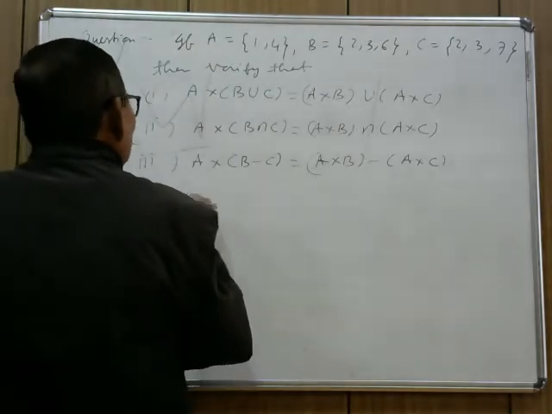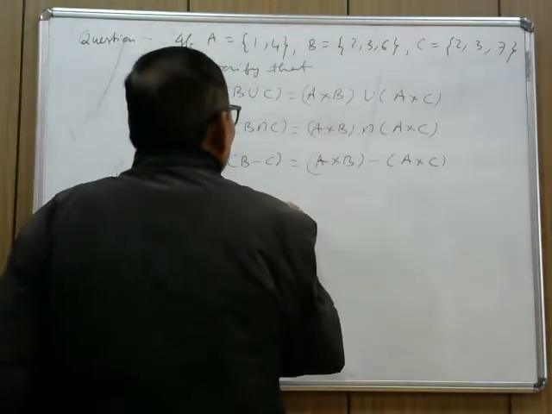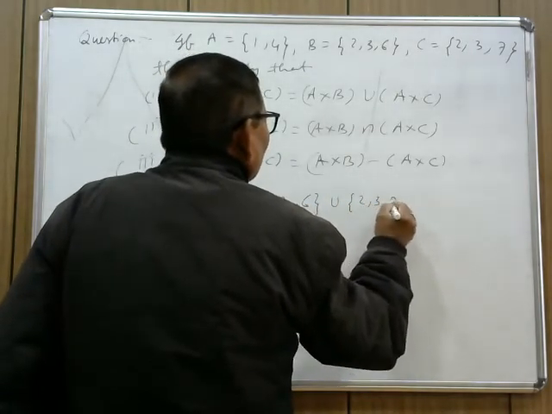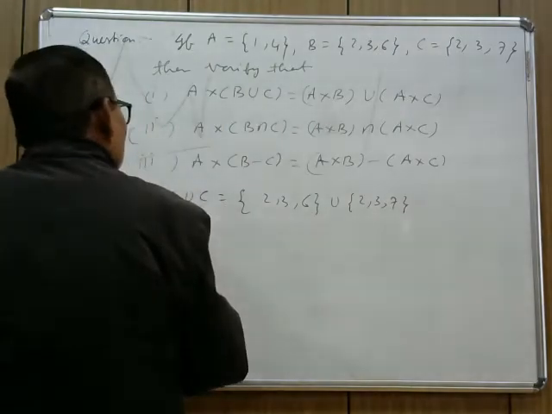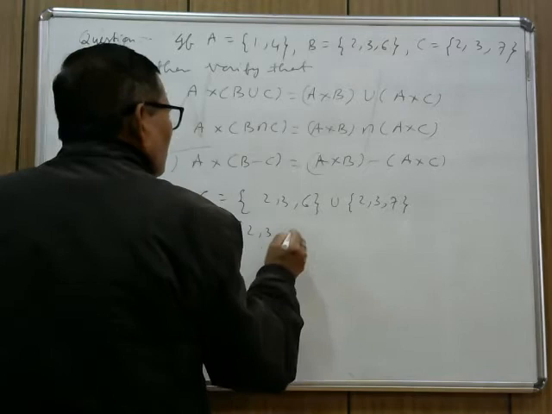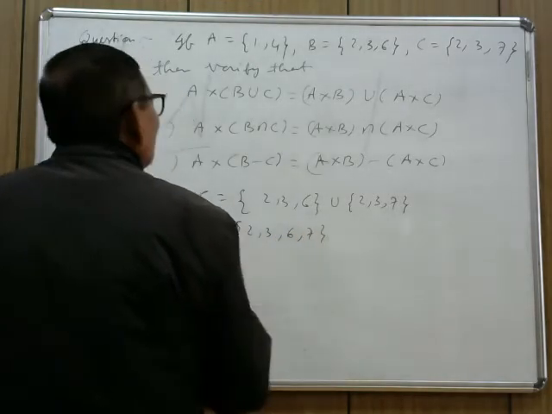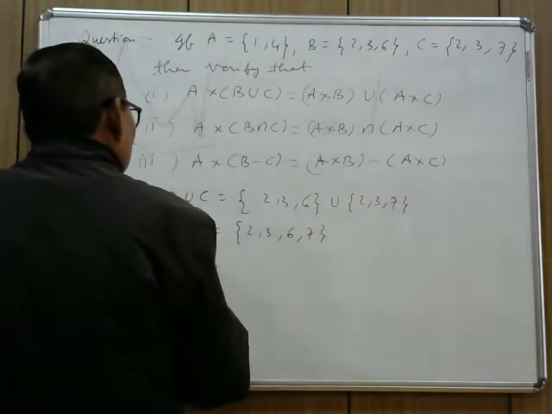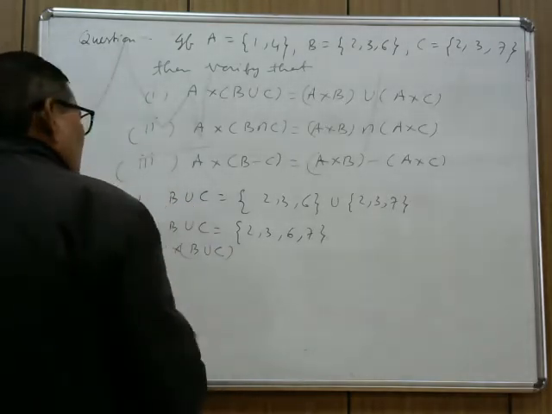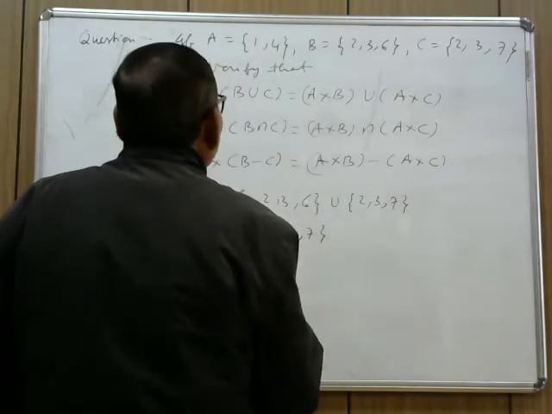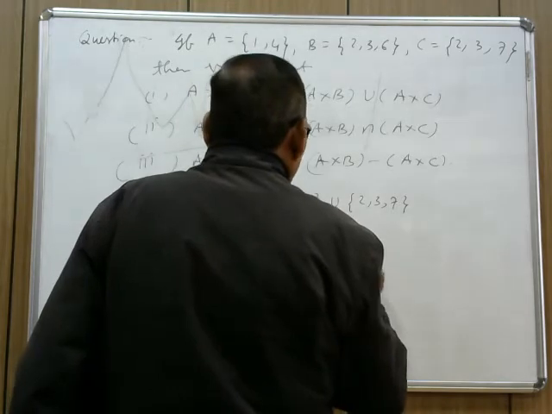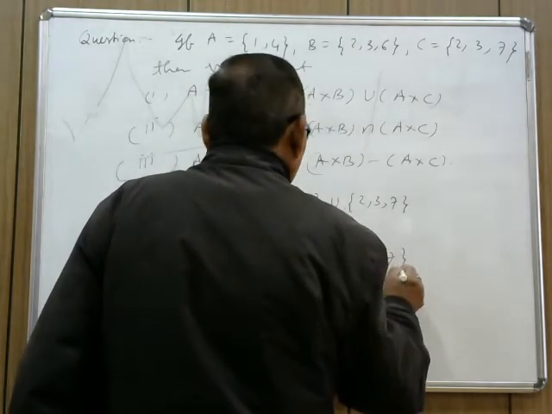First you find B union C. That is equal to {2, 3, 6} union {2, 3, 7}, that is, your B union C is {2, 3, 6, 7}. Now A cross (B union C), this is your LHS, equals set A, {1, 4}, cross {2, 3, 6, 7}.